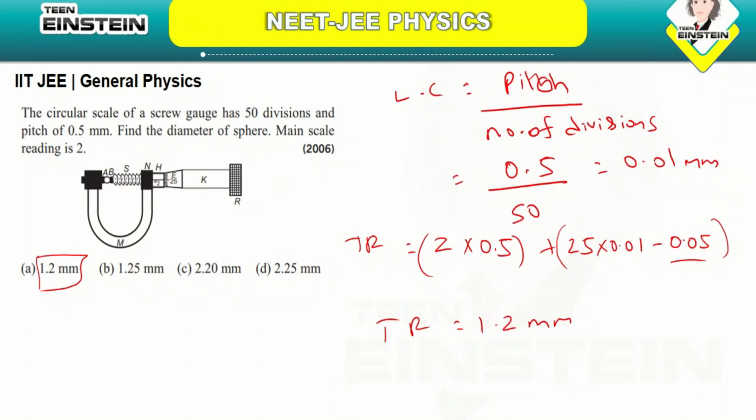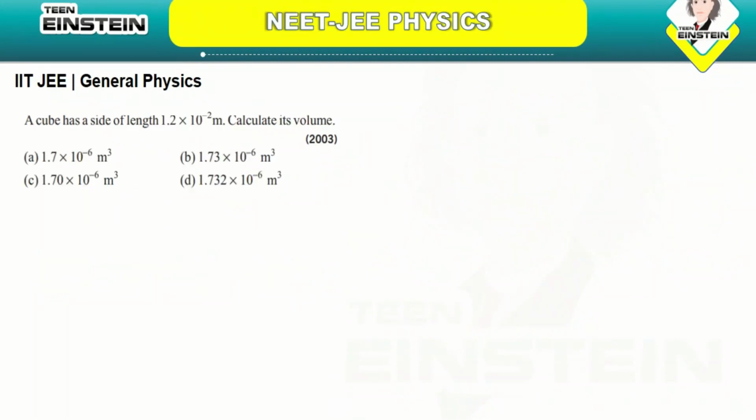Okay, let us now move on to the next question. A cube has a side of length 1.2 into 10 power minus 2 meter. Calculate its volume. It's a very simple question. So here what we have to check is what are all the significant figures we have.